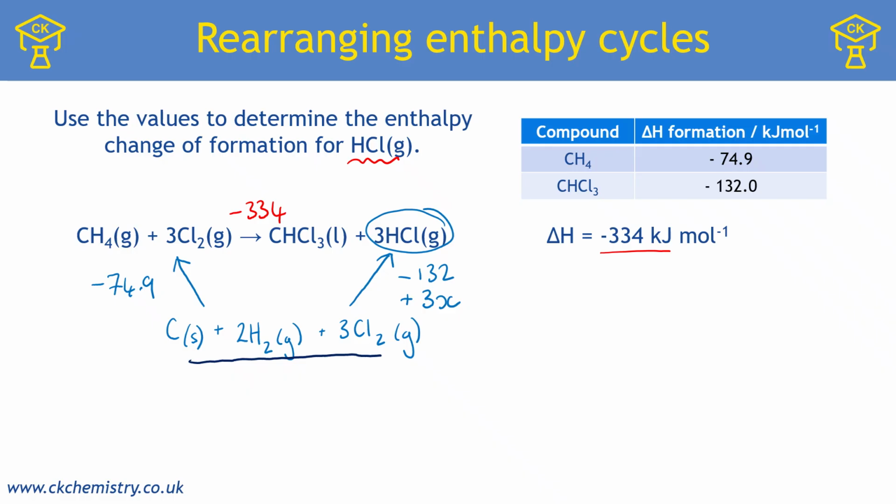Like if I wanted to make anything at all, I could start with elements and literally do it however I want. So I could start with elements, make methane and chlorine, and then react them together to make chloromethane and HCl. Or I could go direct to chloromethane and HCl.